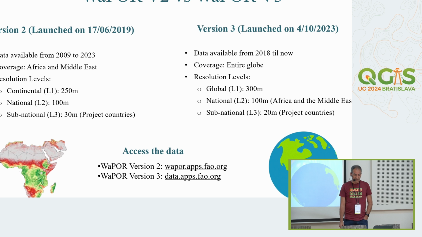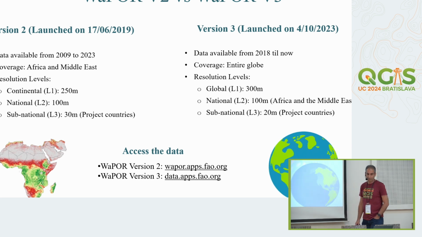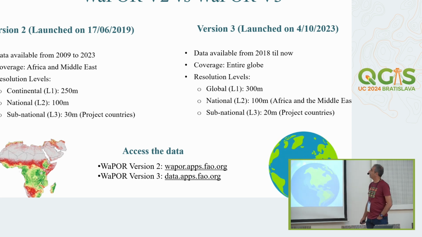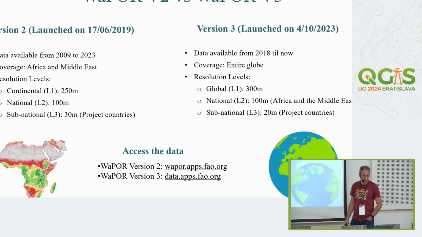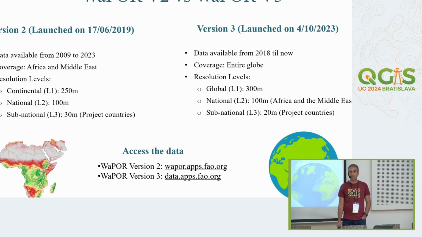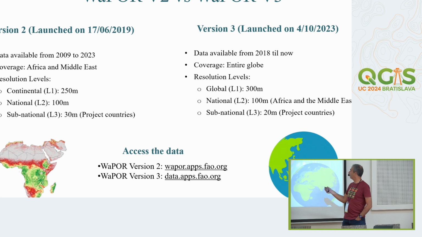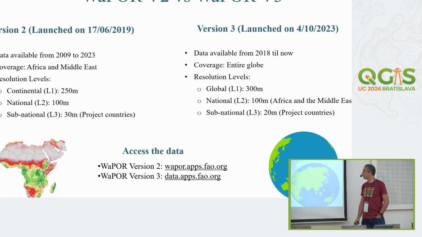And luckily, we are now in version 3 that was launched 4th of October 2023, and it has data available starting from 2018 and near real time. Coverage is the entire globe now at level 1, 300 meters. So for any place in the world, you can get the data at 300 meters.